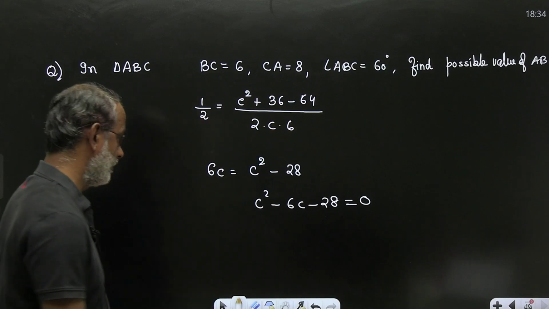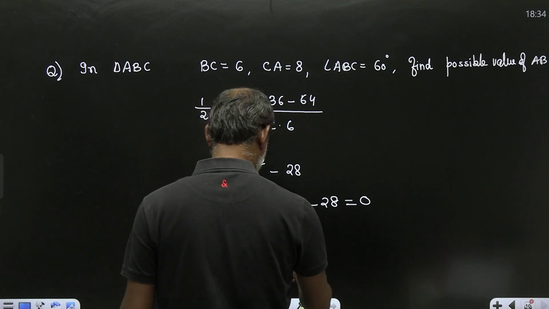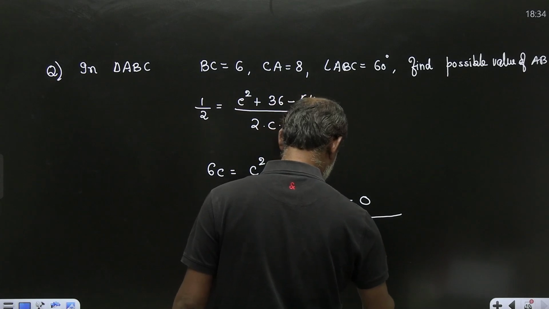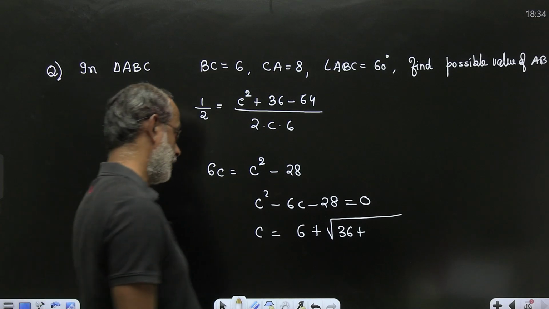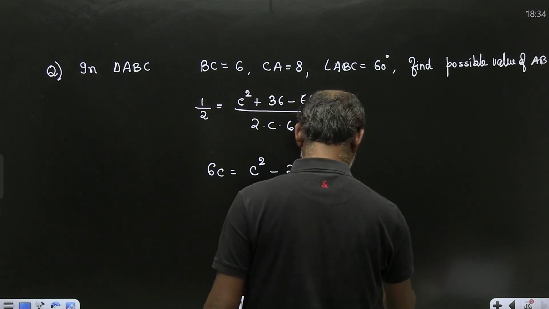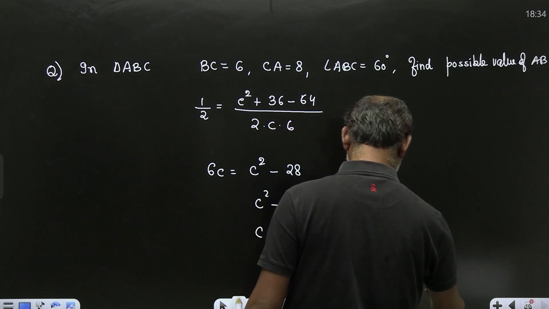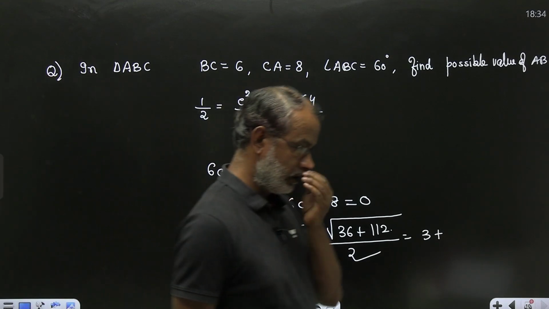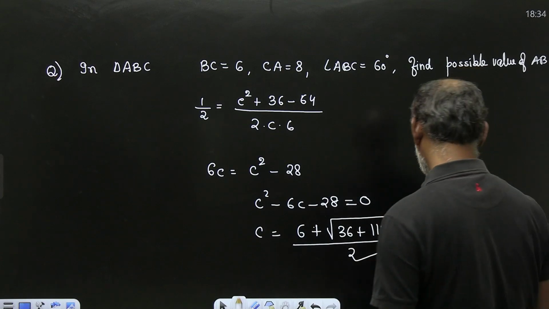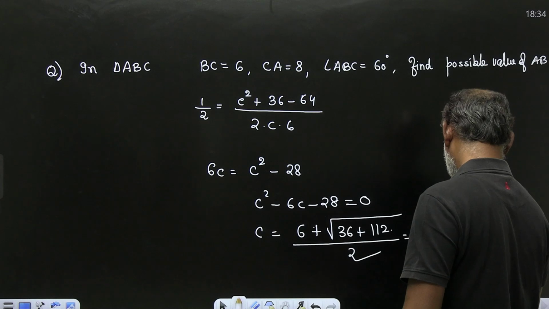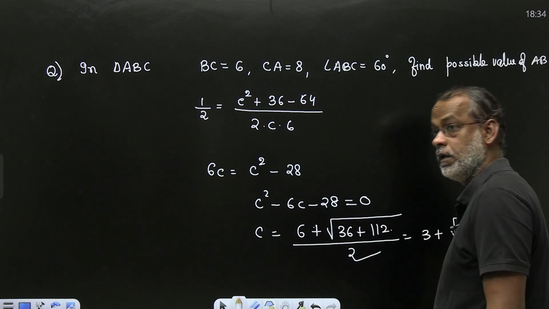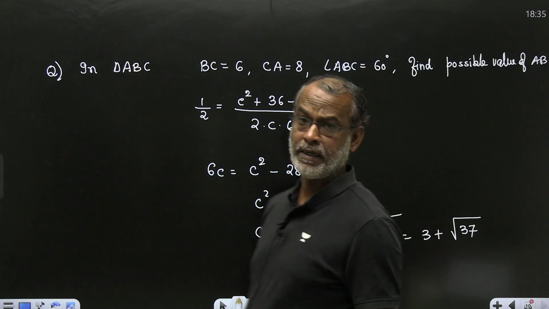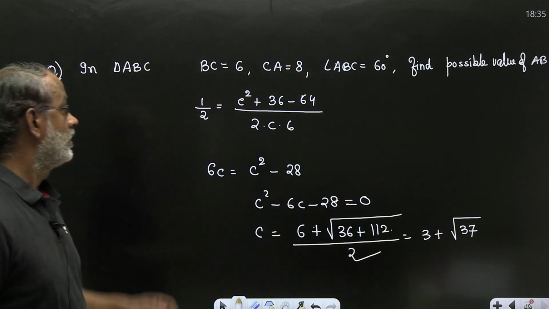You can see one of the values of C will be positive and one will be negative. We will take up the positive. 36 plus 112 is 148. So C is 3 plus root 37. 3 minus root 37 is ruled out.